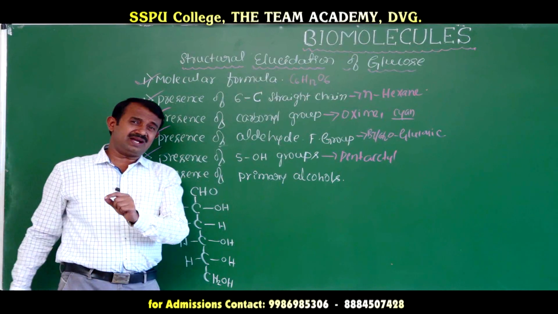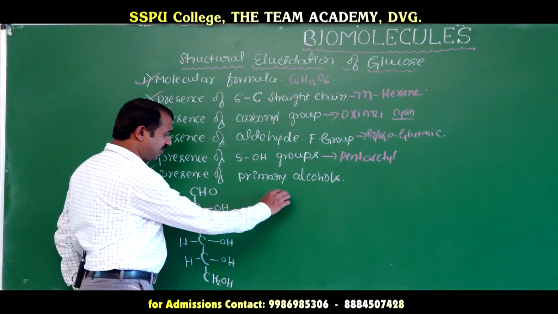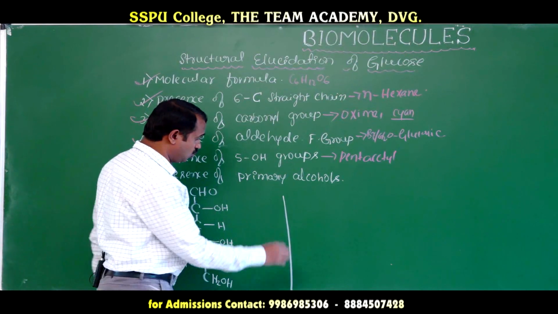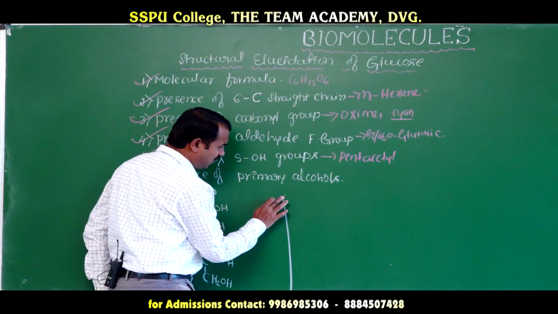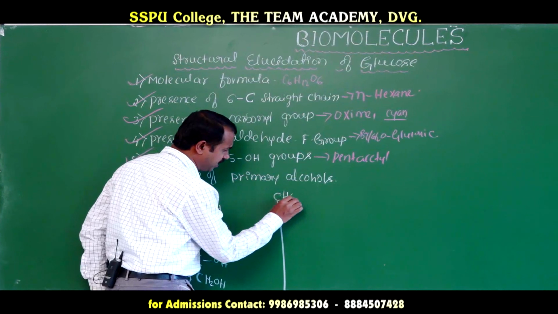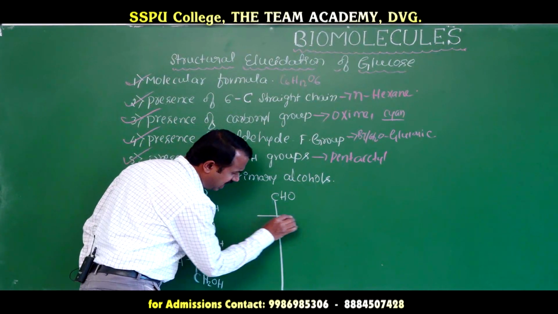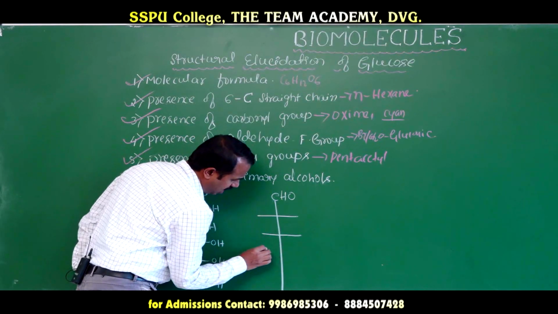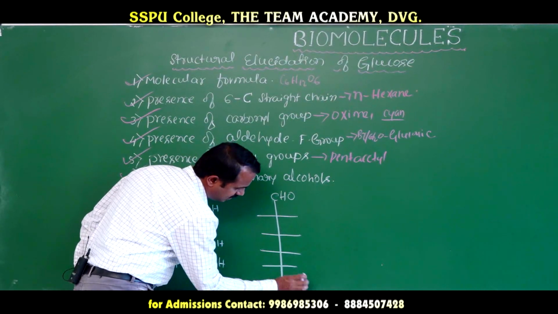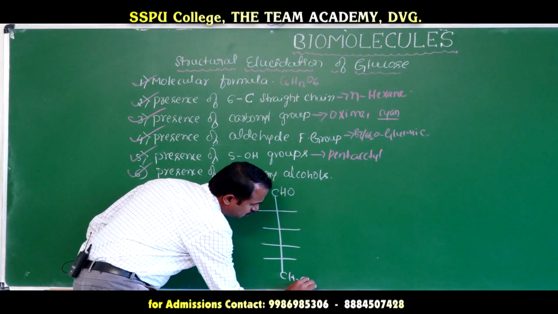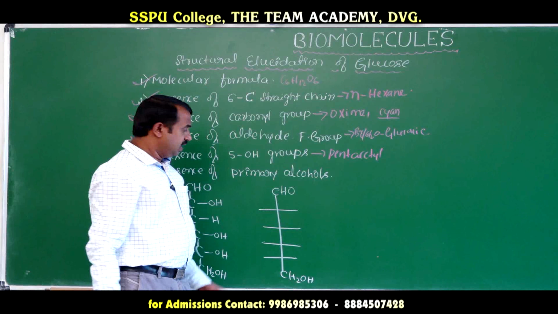The German scientist Fischer gave this bond representation of glucose. The first carbon has the aldehyde functional group. You should not write the carbon symbols here. The last carbon is CH2OH.